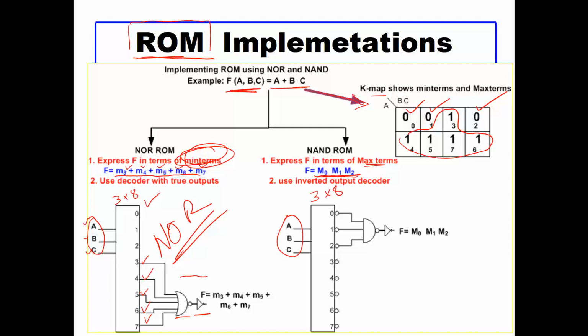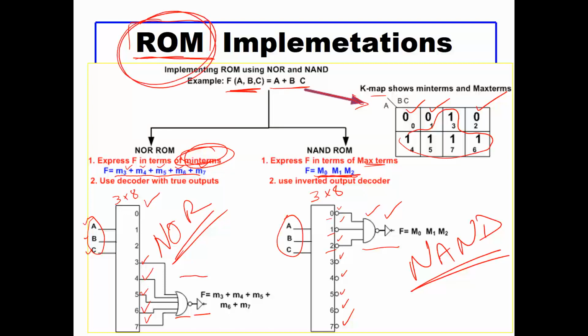However, the outputs are inverted so that I can get maxterms. Now I need to AND maxterm 0 with maxterm 1 with maxterm 2, and to implement an AND, typically we have a NAND gate followed by an inverter. Both implementations, the NAND and the NOR, are used to implement the ROM.